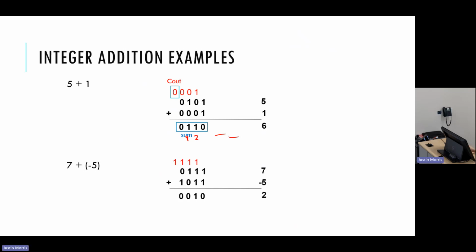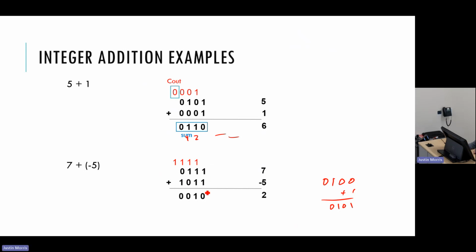Right, we have 7, and this is negative 5. We can confirm that's negative 5 by just negating it. So 0, 1, 0, 0, and then plus 1, 1, 0, 1, 0, 1, right? That's 5. So we're just going to do this addition the same way that we do the normal addition.